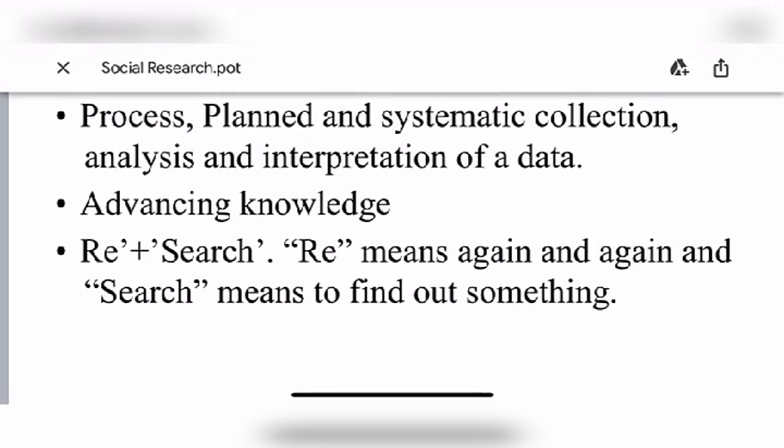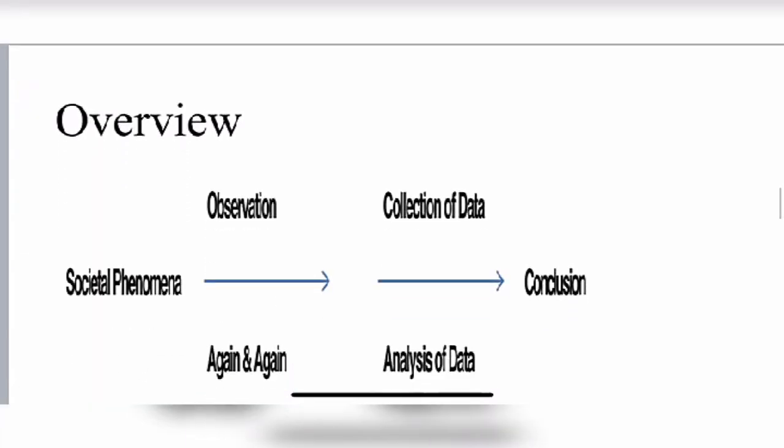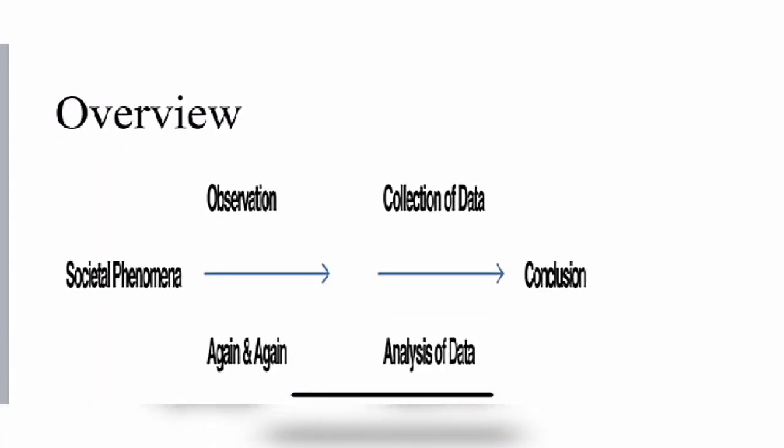So, research is a process in which a person observes the phenomena again and again and collects the data. And on the basis of data, he draws some conclusions as well as generalizations. This is called research. An overview. When we deal with social phenomena, the same process becomes social research.